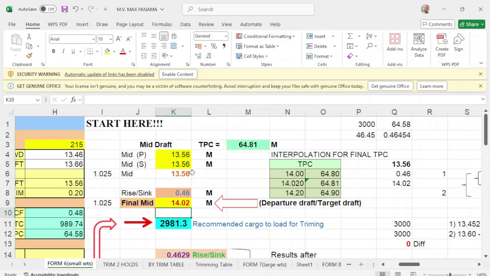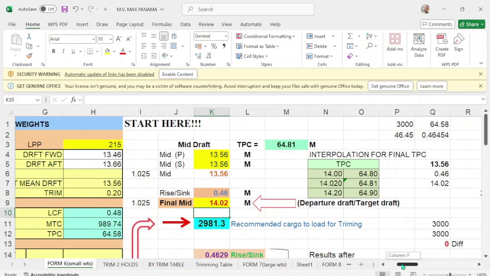So you take a drop around the vessel, and it turned out that your midship drop is 13.56.